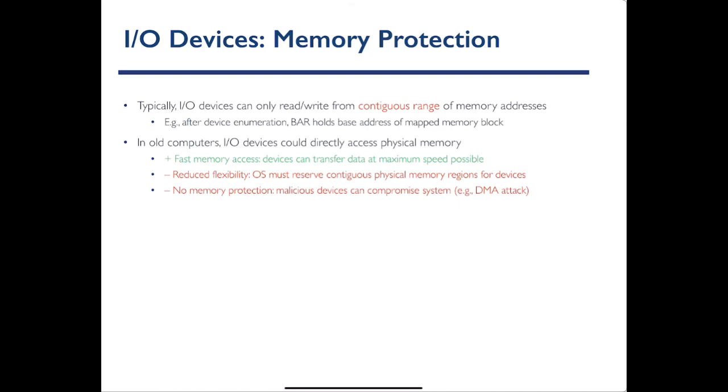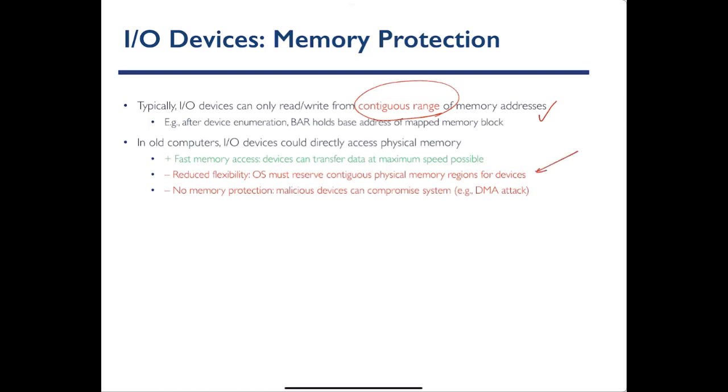The second problem is a combination of the first one. The first one is the fact that our devices have a base and bound kind of implementation when it comes to addresses.